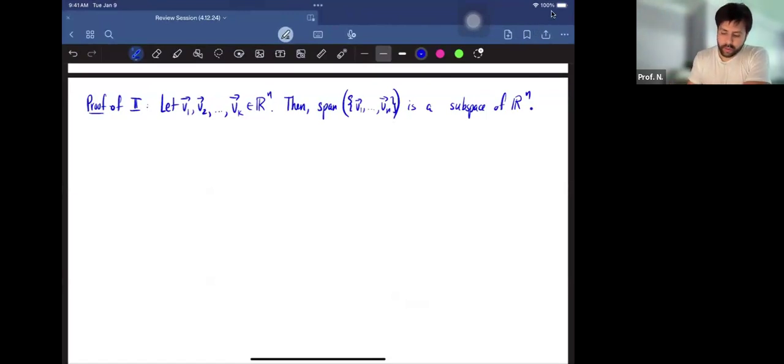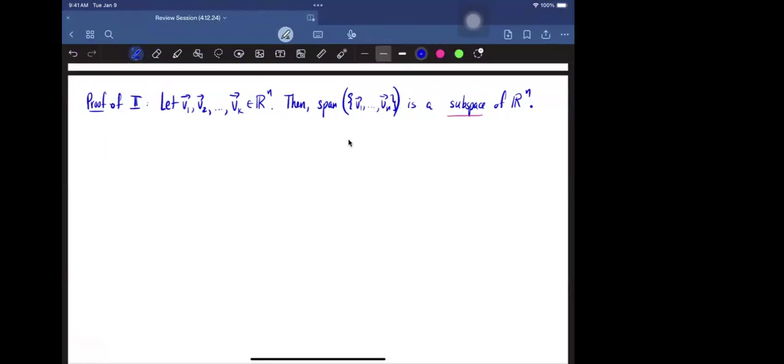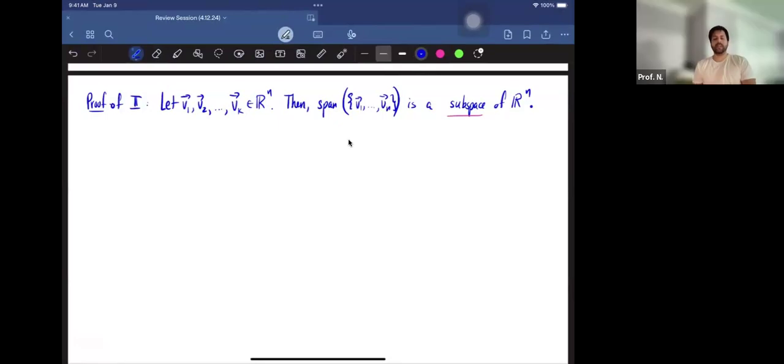Okay. So, how do we prove that any set is a subspace? So how do I prove that something's a subspace? 3 conditions. What's the first one? The 0 vector is in it. So first we show that 0 is in the span.